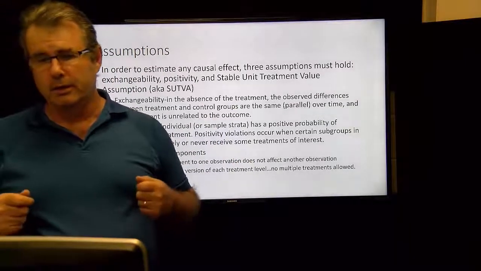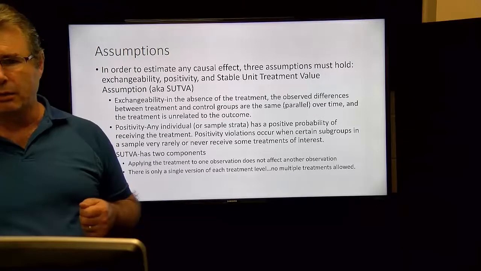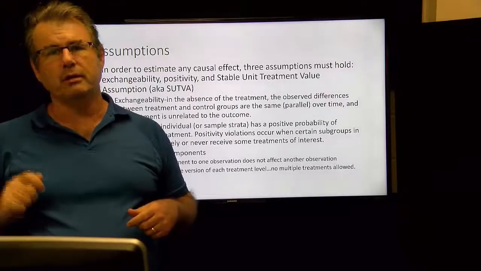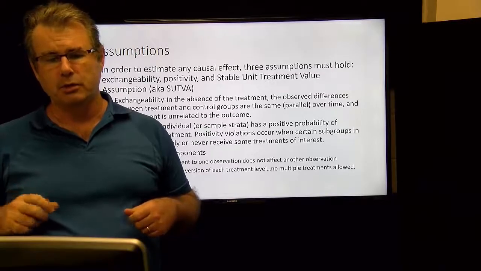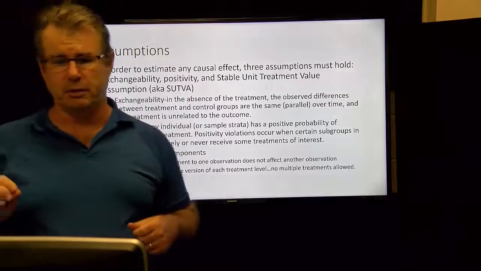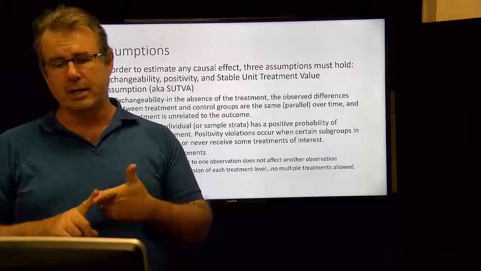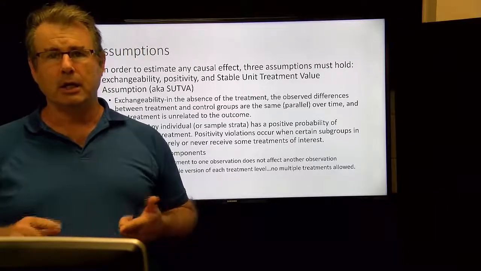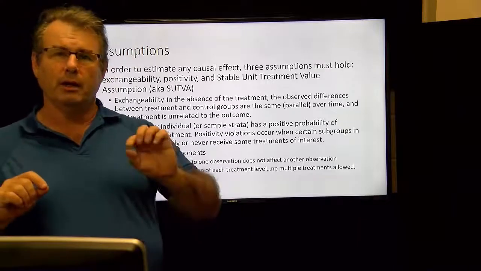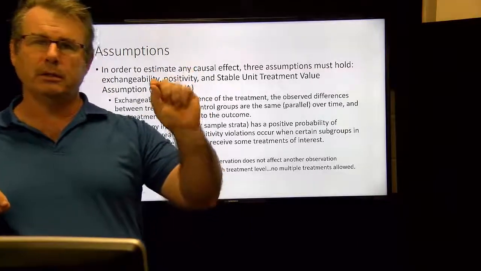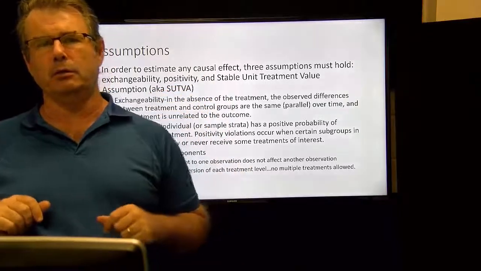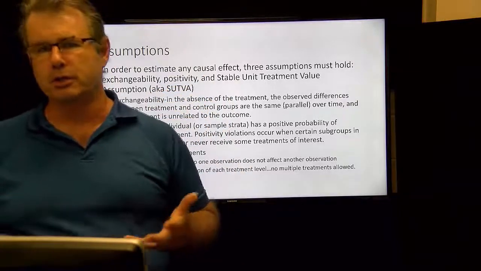SUTVA, or the stable unit treatment value assumption, has two different components to it. The first component is that applying the treatment to one observation doesn't affect another observation. And so if somebody is treated, that treatment doesn't have a spillover into another observation that isn't treated.